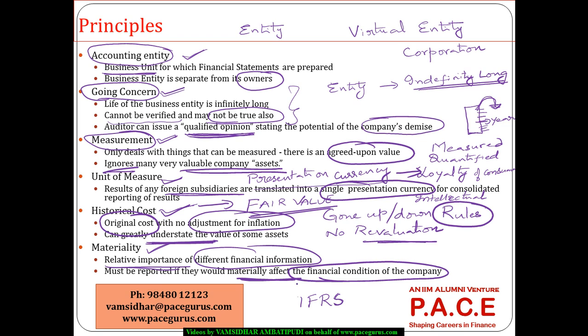Some small minor issues can very well be ignored, but if some financial information is expected to have an impact on the financial performance of the company, that information needs to be reported onto the financial statements without any hesitation. But anything that is minor and maybe only for record purposes, even if it is not highlighted as a part of the financial statement, that's not a big deal.